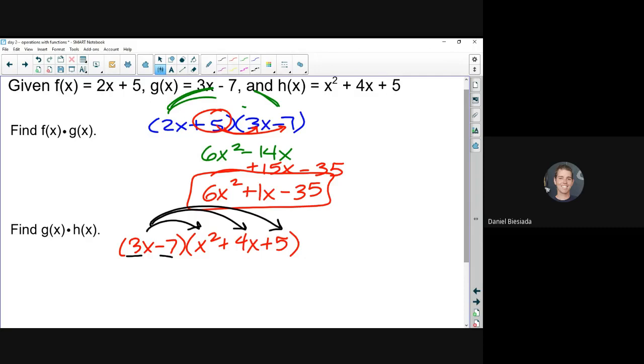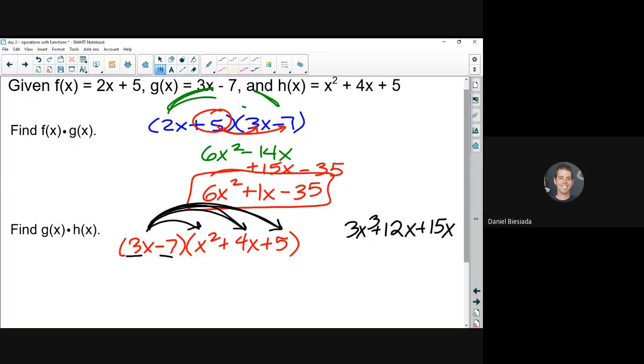3x multiplied by that x squared will give me 3x cubed. Remember, any x times an x squared is x cubed. 3x times the 4x will give me 12x. And 3x times that 5 will give me 15x.